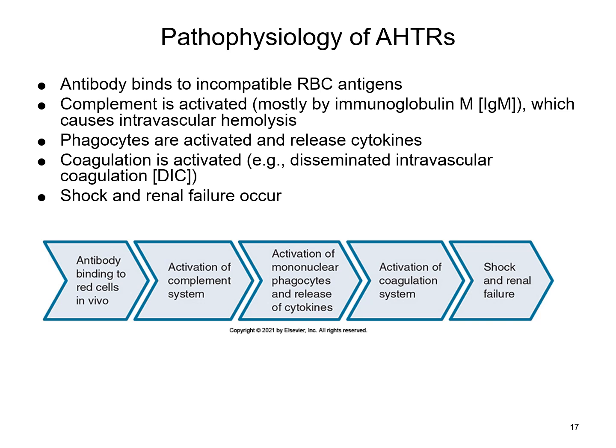Then phagocytes are activated and release cytokines. From there, coagulation is activated, possibly initiating a DIC type of response, where the patient starts oozing from some areas but throwing clots in other areas. And ultimately it can result in shock and renal failure.